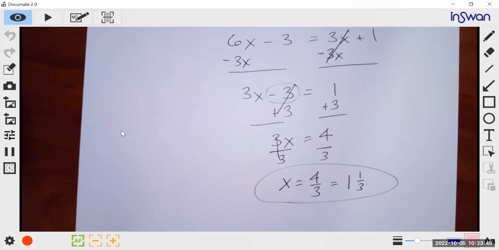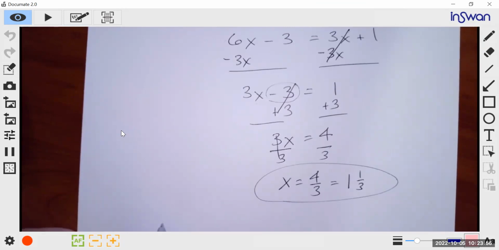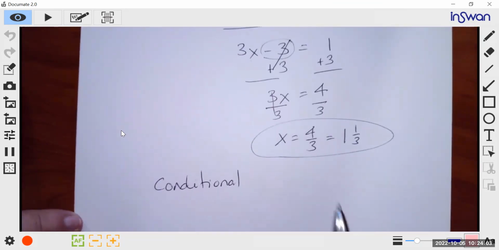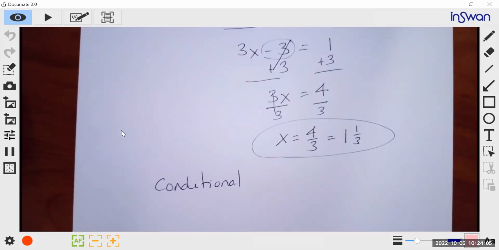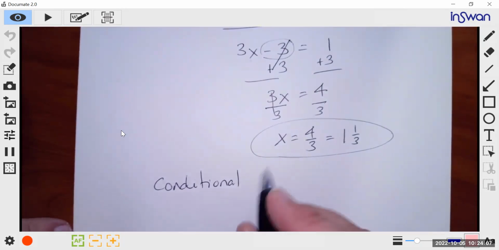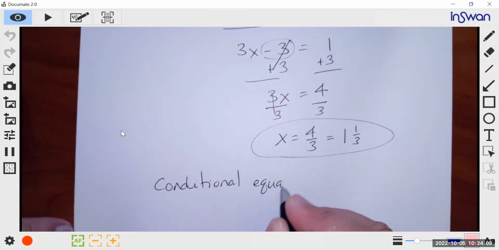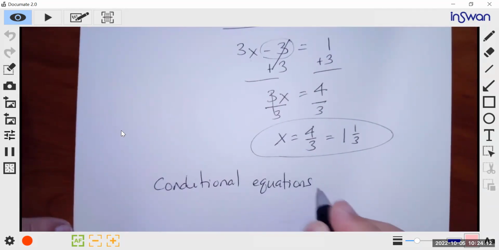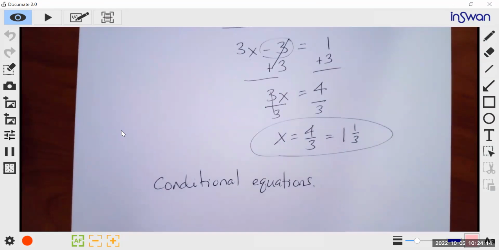All right, each of these examples we've had so far always came out with one answer. X equals an answer. We call those conditional equations. Why are they called conditional? Because both sides are equal only on the condition that x equals 4/3.